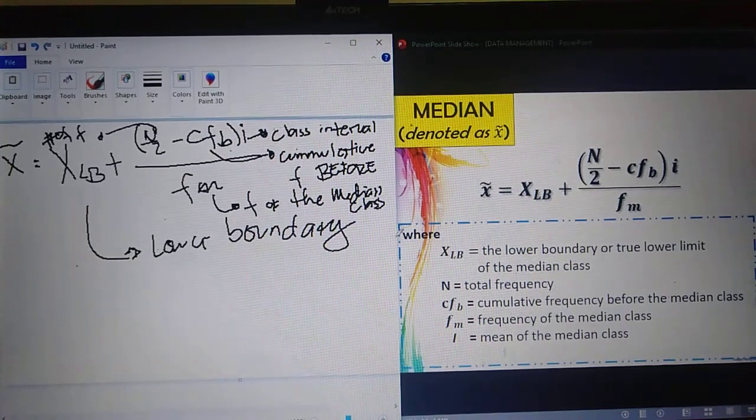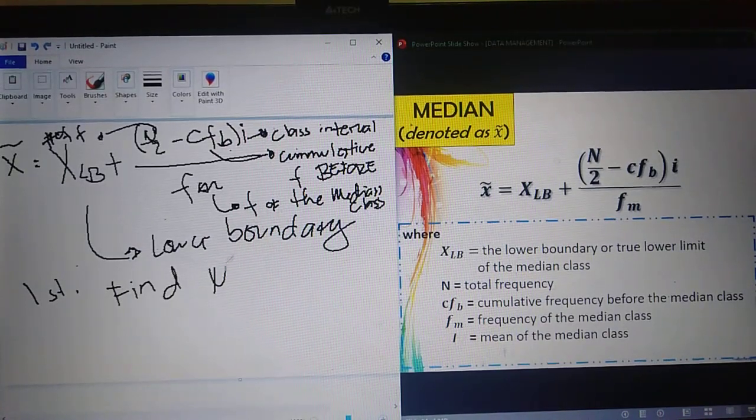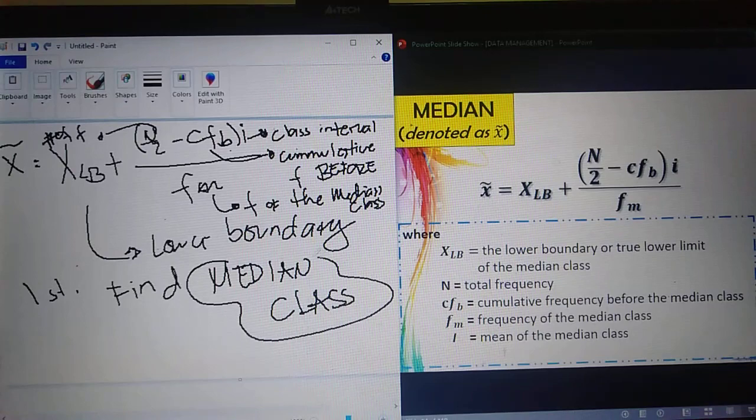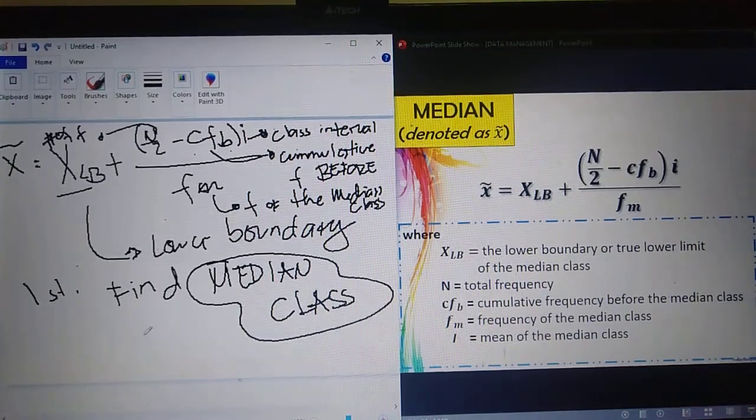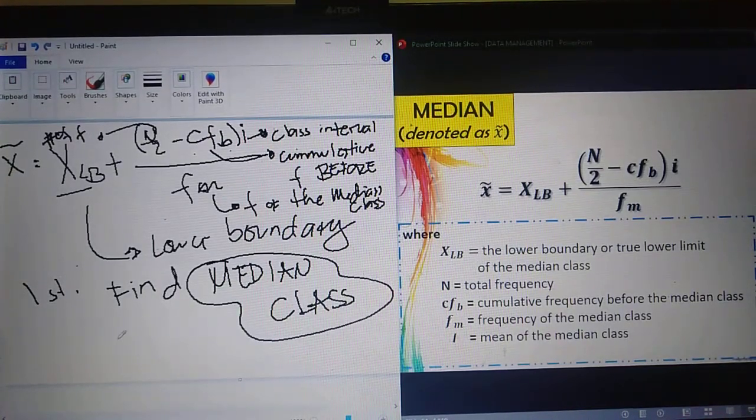Dito, kailangan mo munang hanapin si, okay, first, find median class. Kasi si median class, siya ang pinaka-foundation kung saan ka magfo-focus pag maghanap ng XLB, ng CFB, ng FM. So, hanapin natin muna si median class.